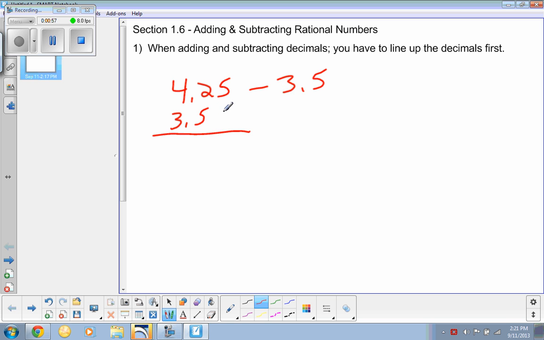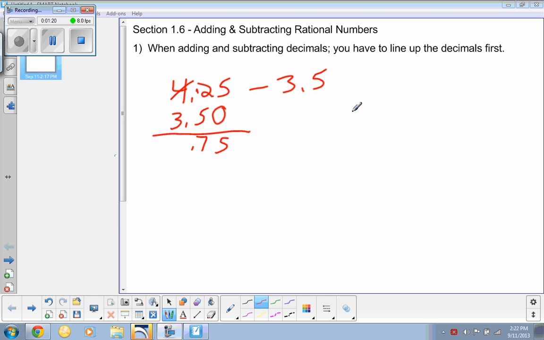If it bothers you to not have a number here, go ahead and put a 0 in. It's not going to change the answer. I'm just going to subtract. So I get 0.75 for my answer. And the answer is positive because it's just regular subtraction. There's no negatives involved.